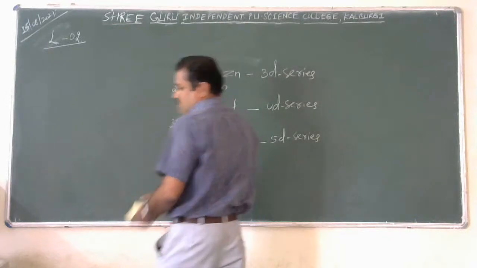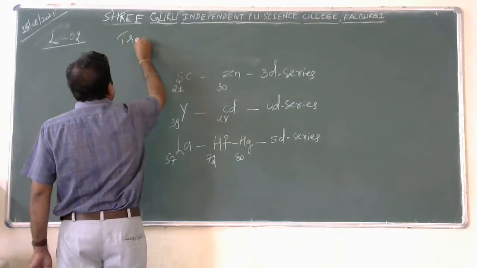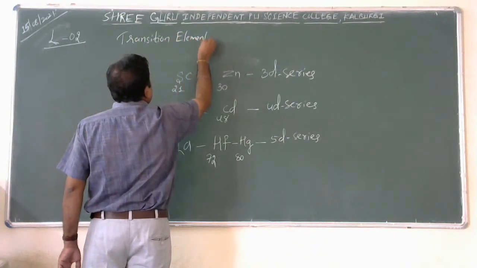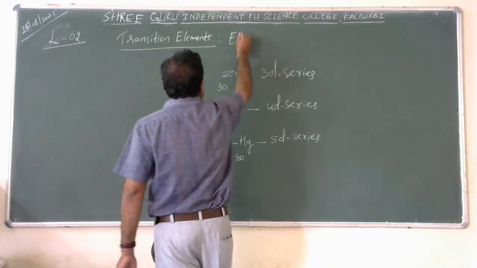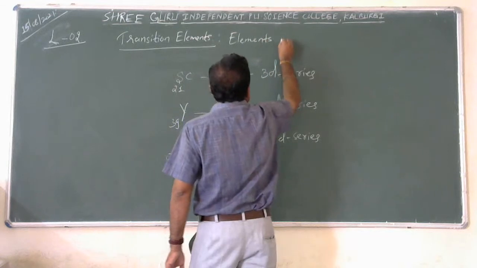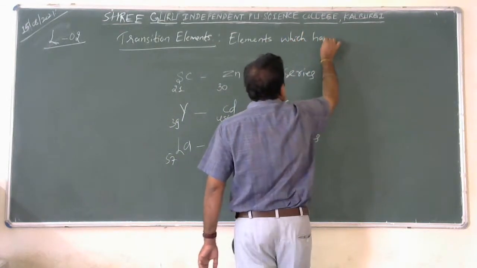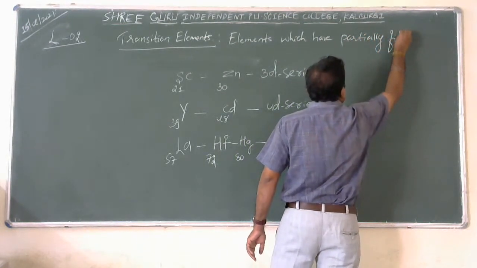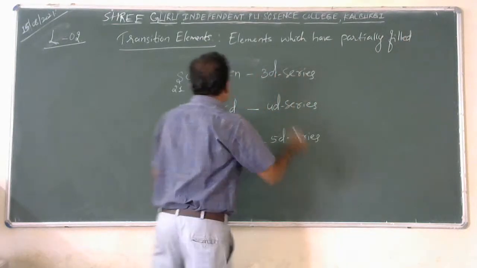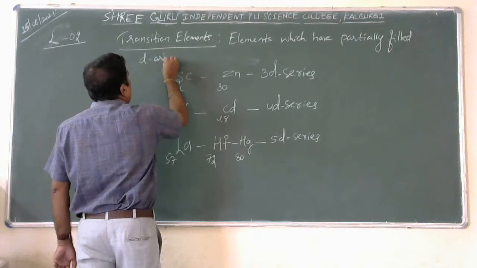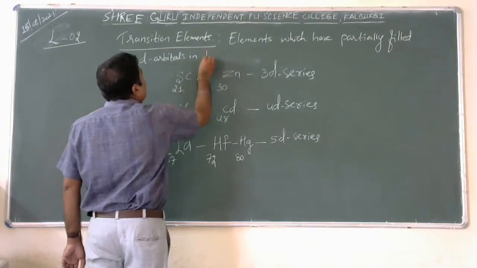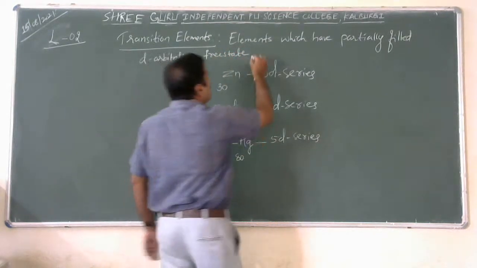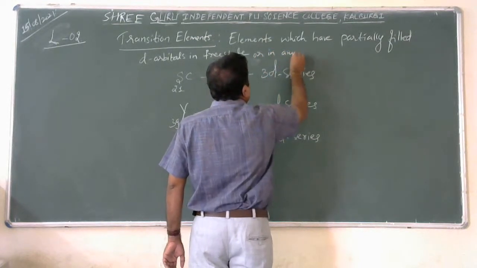Transition elements are the elements which have partially filled d orbitals, not completely filled, in the free state, that is, the elemental state, or in any common stable oxidation state.